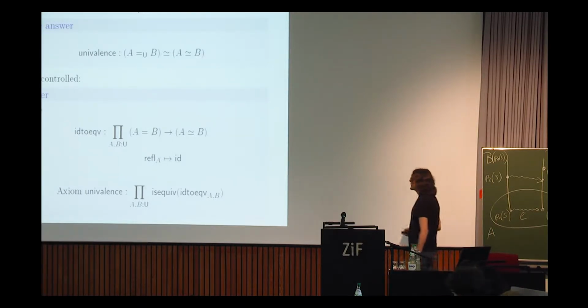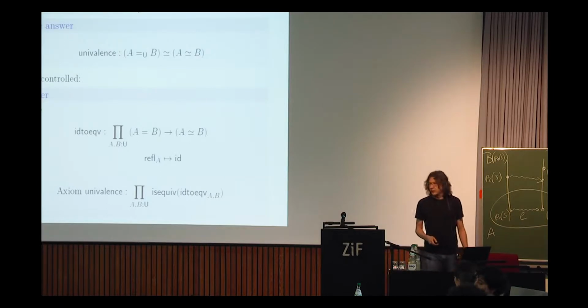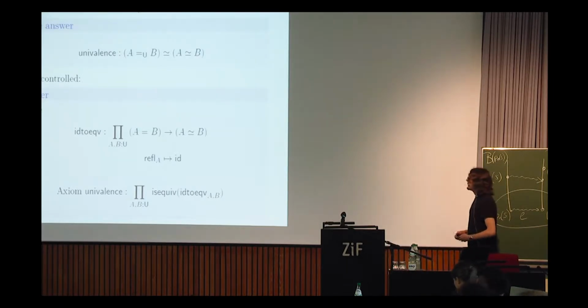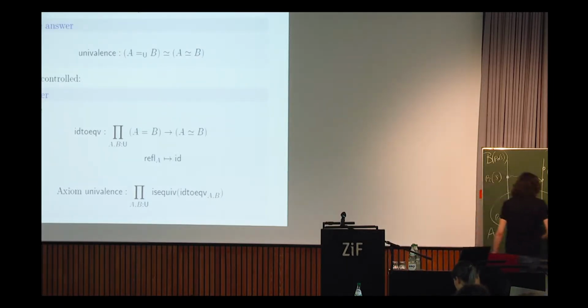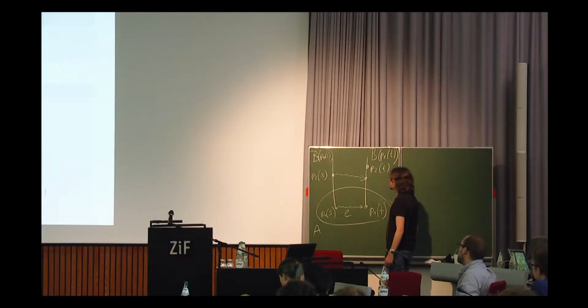And this very specific equivalence should send the reflexivity term that we have here in the identity type. So it's actually more complicated than that. And I should explain something before continuing.